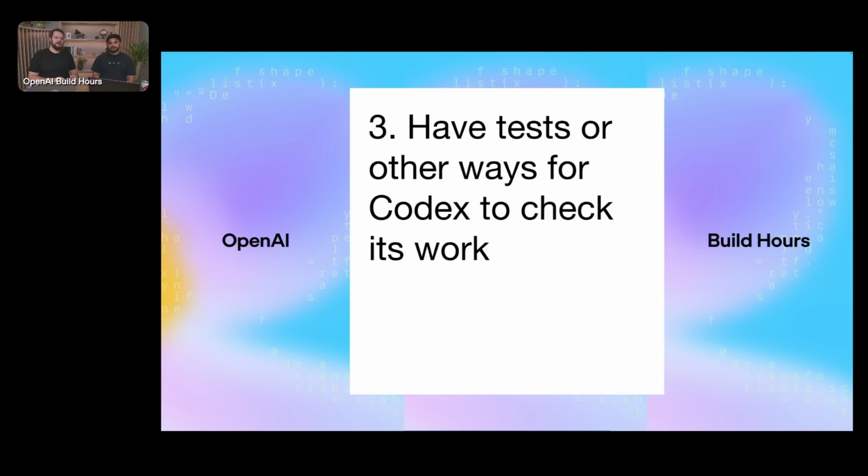Definitely. The third one is having tests and ways for Codex to check its own work, because the more you have, whether it's linters or formatters or tests, the more Codex is able to make sure that what it returns to you has a high chance of being merged in.